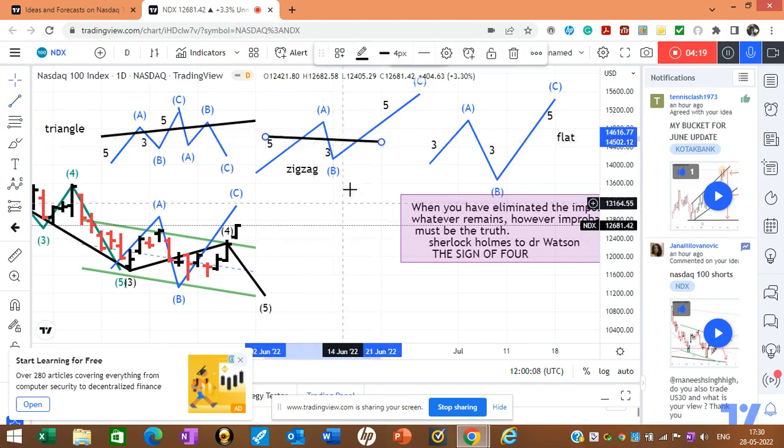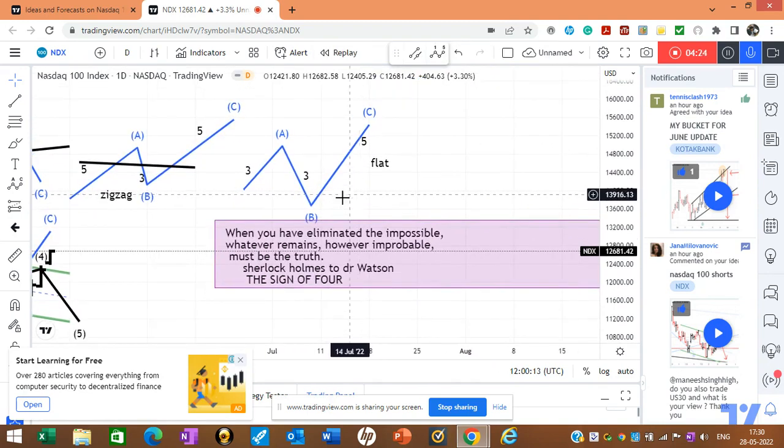Now we are left with the third kind of correction, which is a flat correction. There are many variations of flat. There are three types of flat.